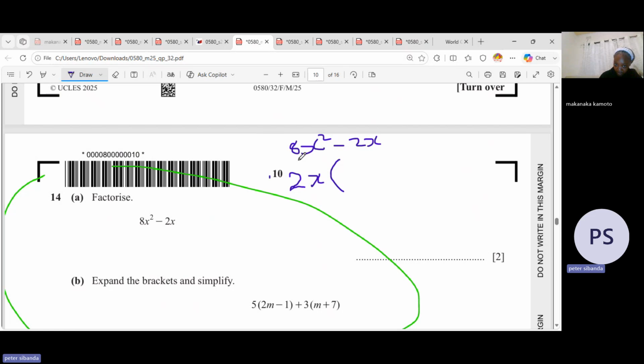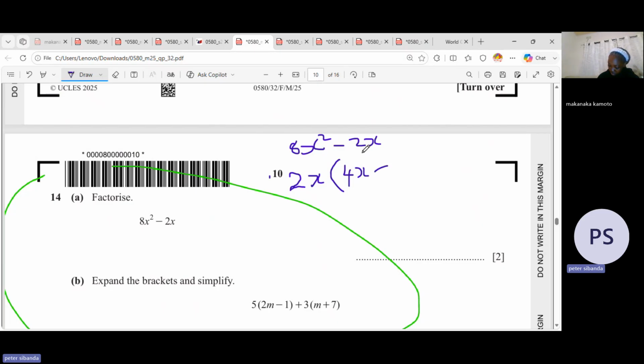Right. 2x into 8x squared, what do we remain with? 4x. Yes, 2 into 8, that's 4, definitely. And x into x squared? Just one x remains, because one x will cancel, the other x will remain. Then we have a minus.